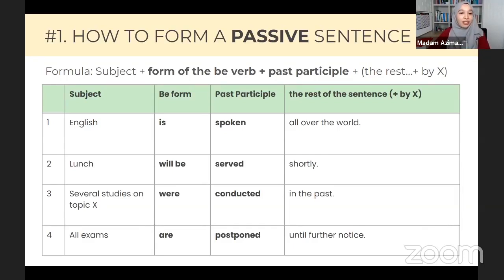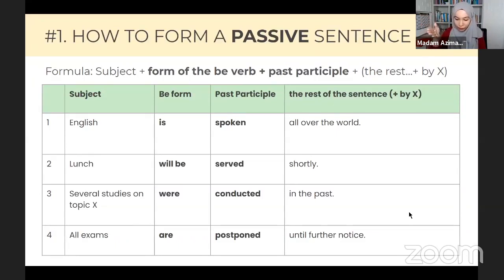Number 3, several studies on topic X, that's the whole subject, noun phrase, were, be verb, conducted in the past, very academic. And number 4, all exams are postponed until further notice. The rest of the sentence, are postponed. You see there? So I've broken it down like that so you can see what the formula looks like.